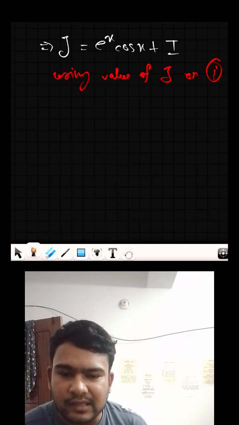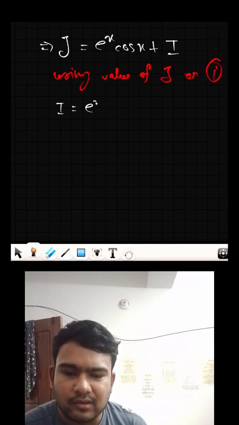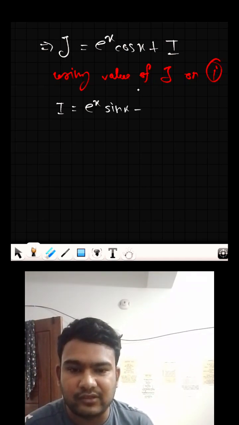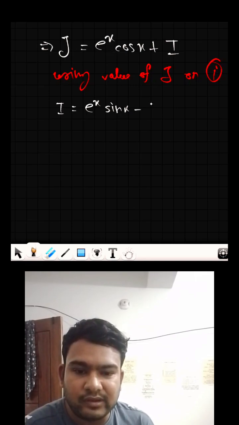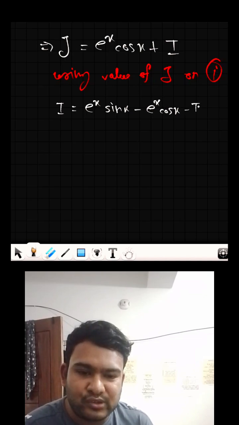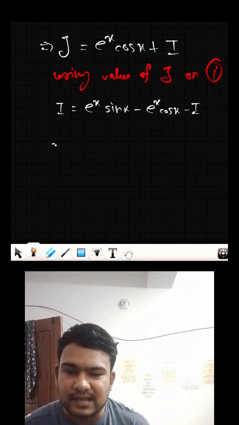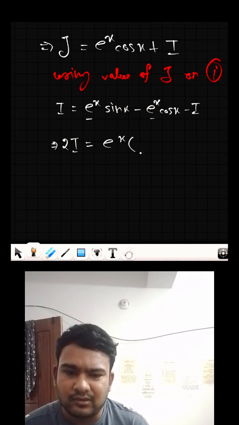We get I equals e to the x sin x minus J, and J is e to the x cos x plus I. So the whole thing becomes e to the x cos x minus I, and we take minus I on the left hand side, we get twice I, right? Twice I equals, here e to the x is common, e to the x into sin x minus cos x.